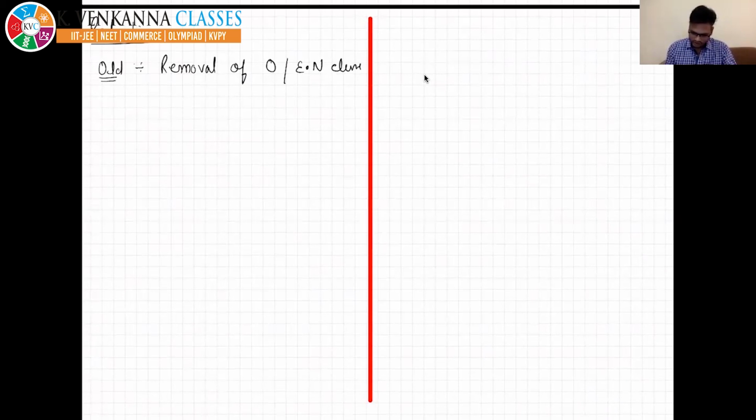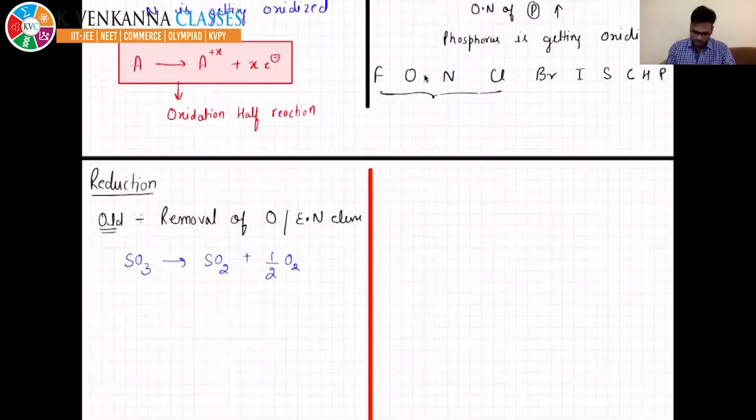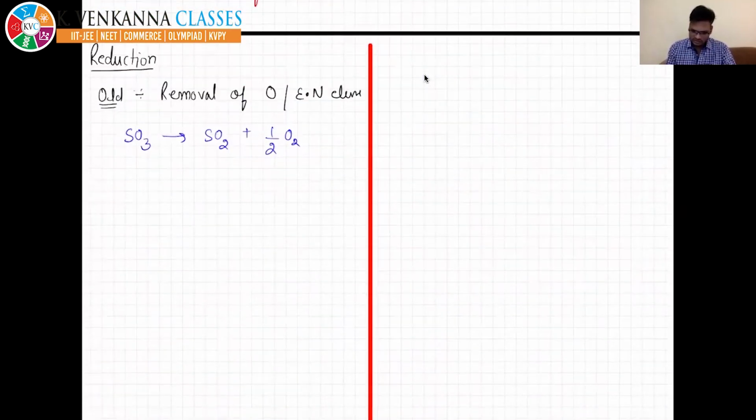If you want an example, this is SO3 giving SO2 and half O2. So the number of oxygen is decreasing. Then the second one is addition of hydrogen, beta. Addition of hydrogen or any electropositive element.